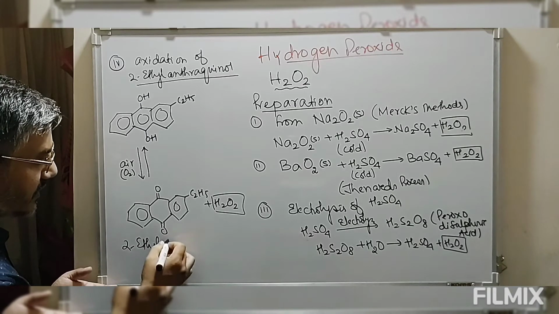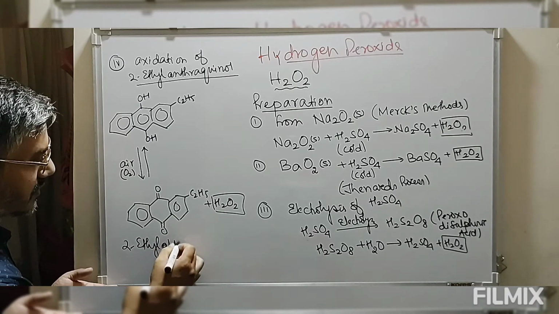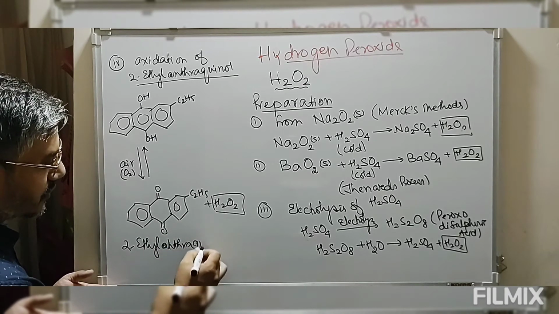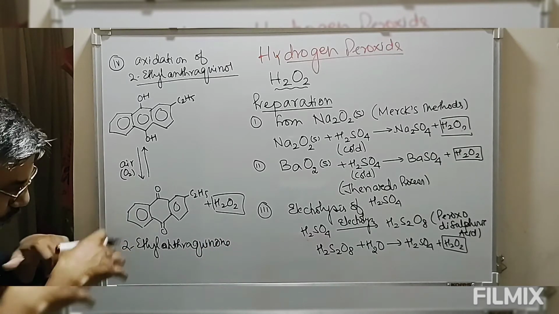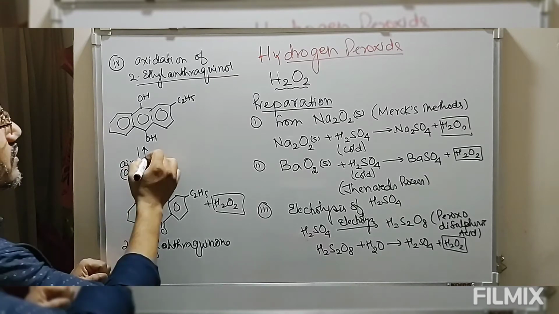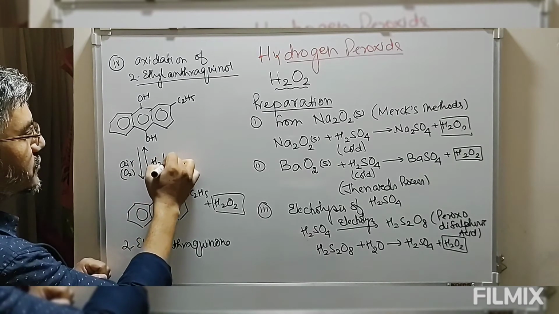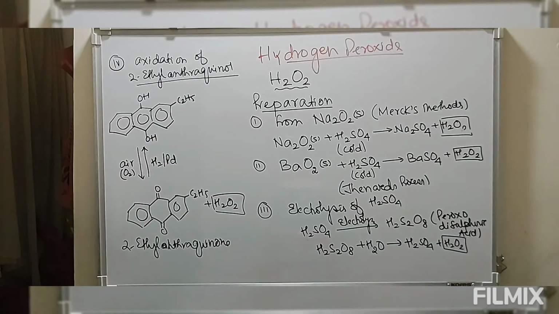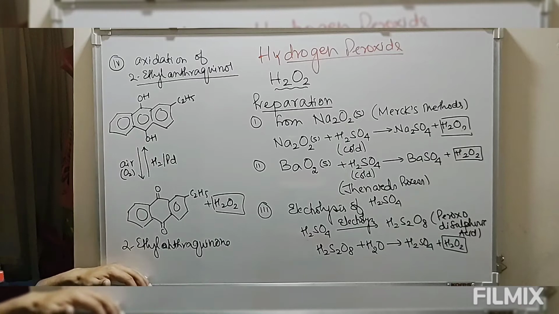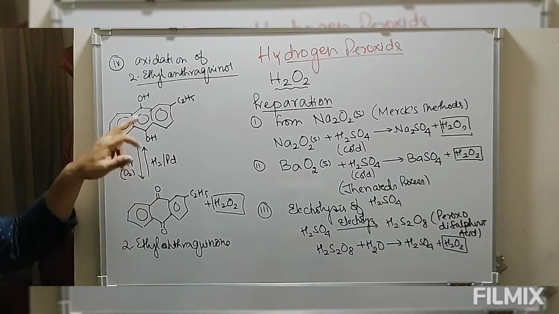This is 2-ethyl anthraquinone that is formed. Again, this 2-ethyl anthraquinone is reduced in the presence of hydrogen and palladium, and this again gives you anthraquinol. This means that after formation of 2-ethyl anthraquinone, this is the oxidized form, and this is the reduced form.